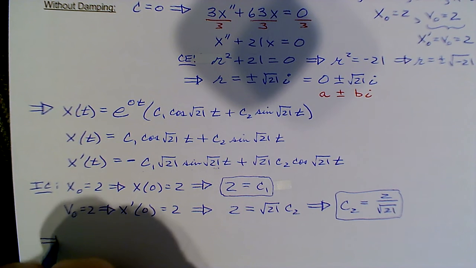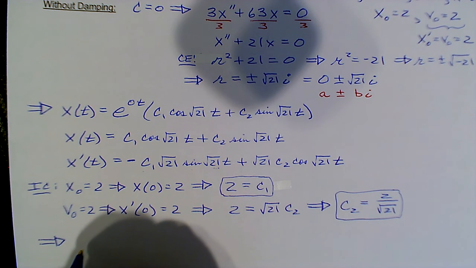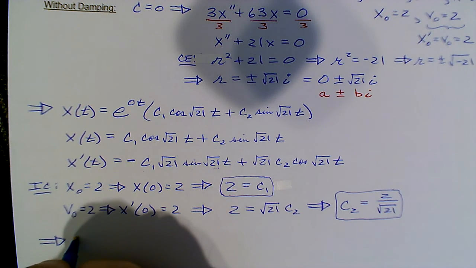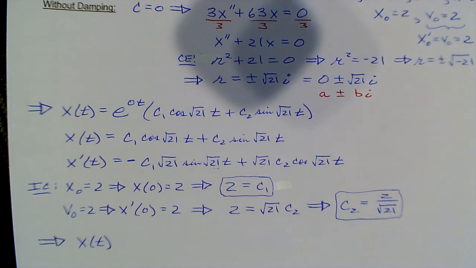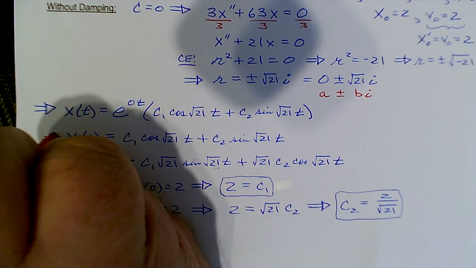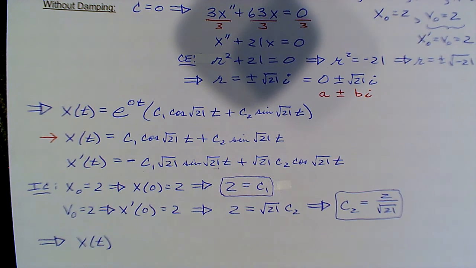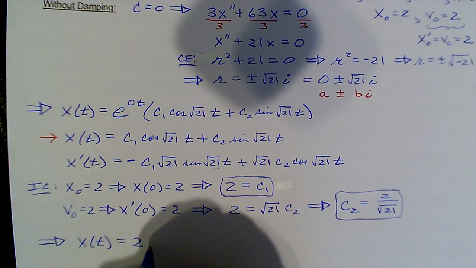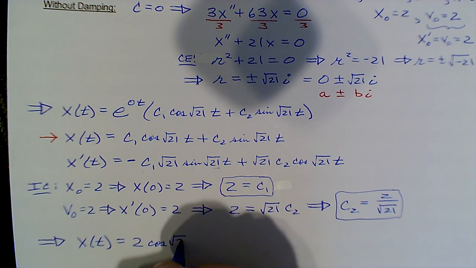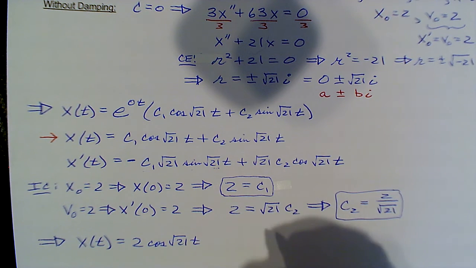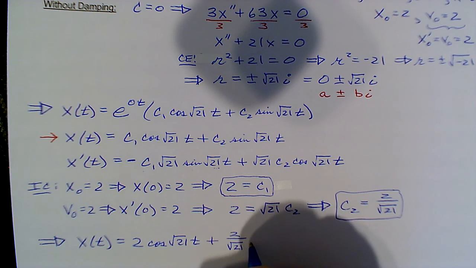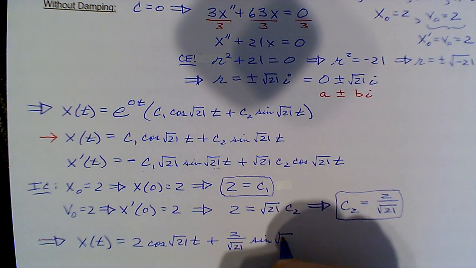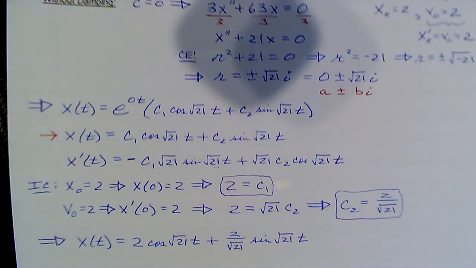All right, so now our particular solution is x of t. Okay, we're going back to the simplified form here. c1, which was 2, cosine square root of 21t, and then plus c2, which is 2 over square root of 21 times the sine of square root of 21t.